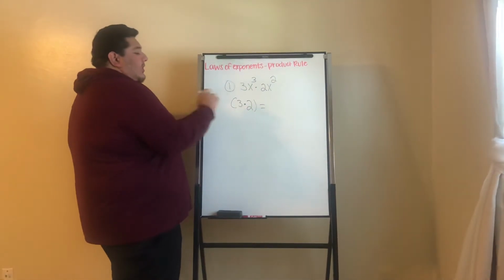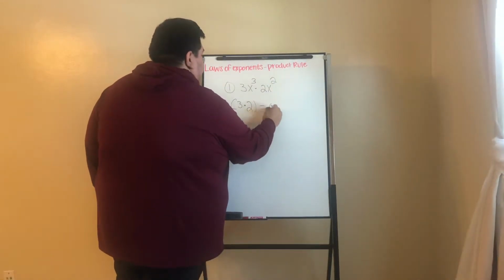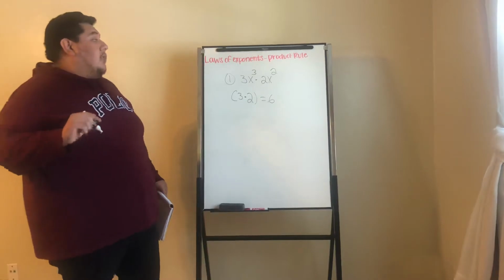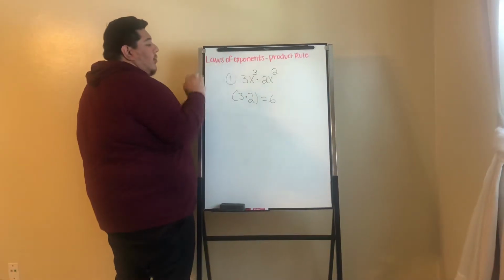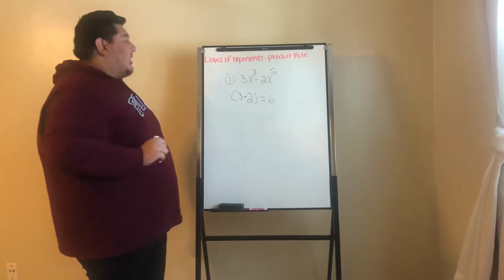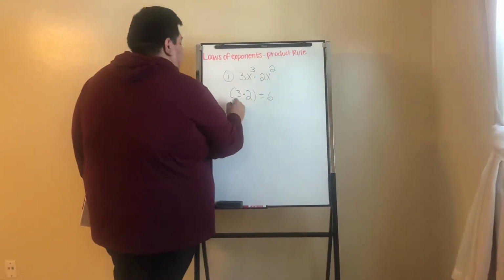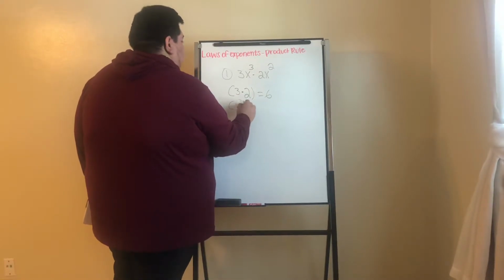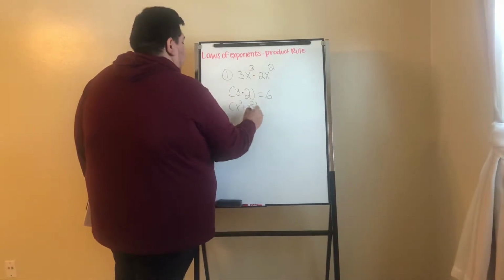Now, 3 times 2 is 6. Since you are doing laws of exponent product rule, you need to know whenever you multiply, you have to add the exponents. My exponents being x to the power of 3 plus x to the power of 2.